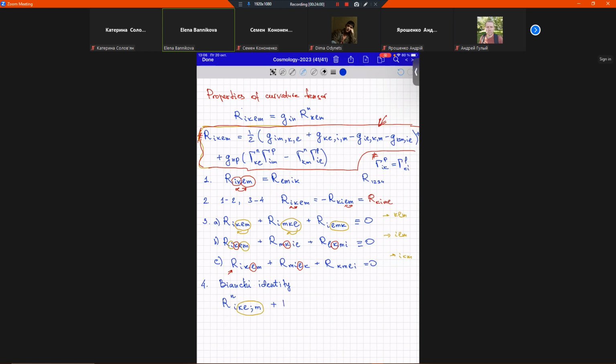Let's write it: R n, I we fix, M K, covariant derivative L, plus R n, I we fixed, L M, covariant derivative K, plus the third term equals 0. So to prove the Bianchi identity, this expression for the Riemann tensor is not enough.